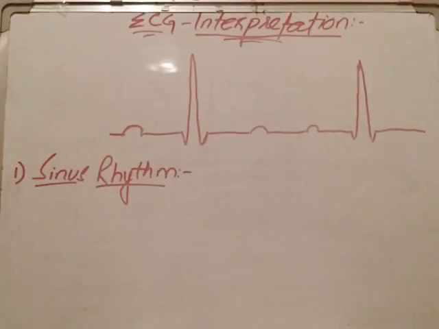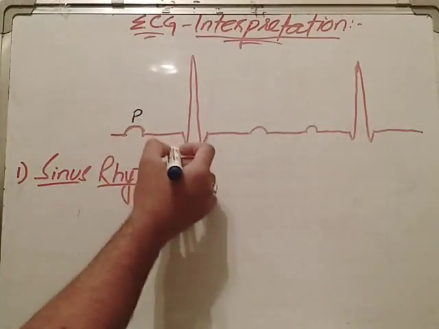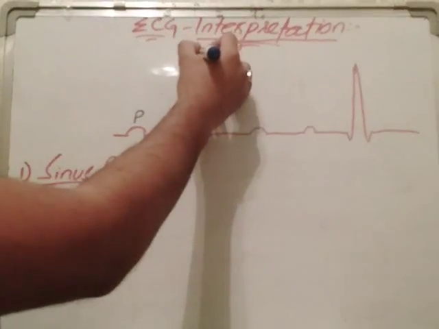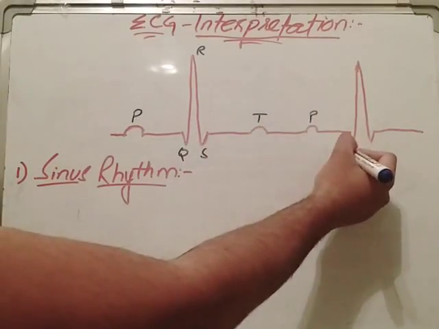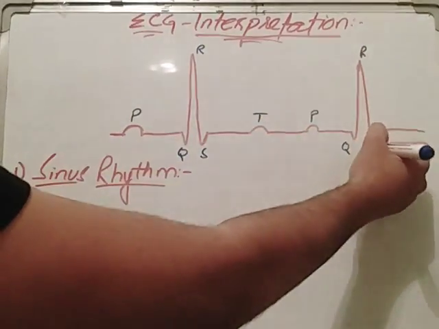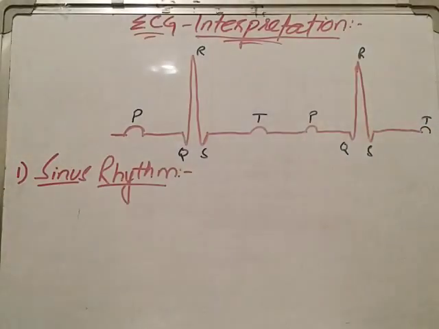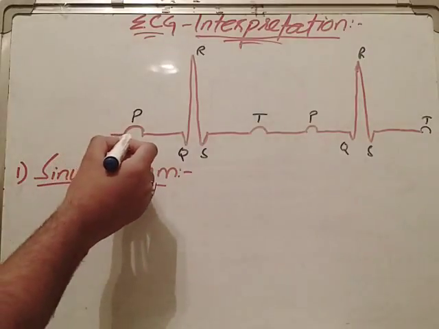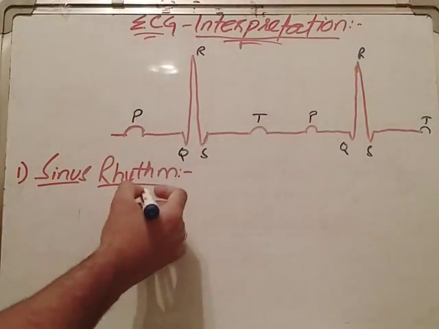The SA node is responsible for the generation of electric impulses, so it means that the heart is working normally. Here we have the P wave, Q, R, S, T, and again P, Q, R, S, and here T. So if the P wave is before the QRS complex, it is called sinus rhythm.